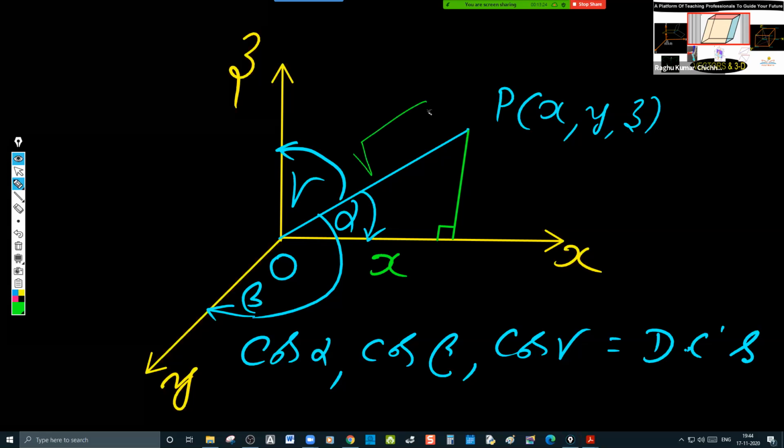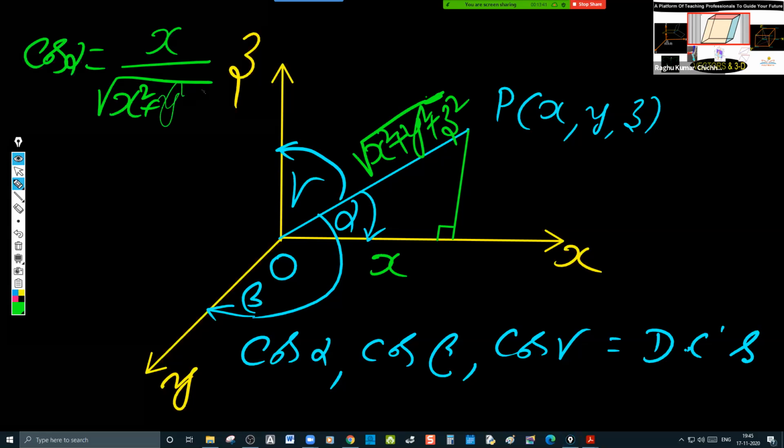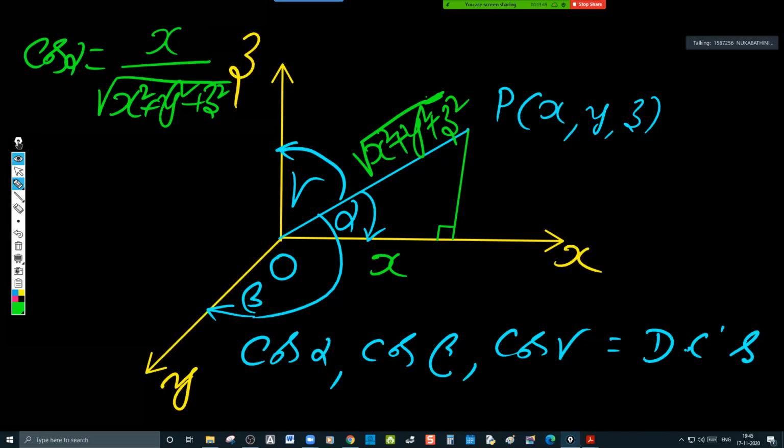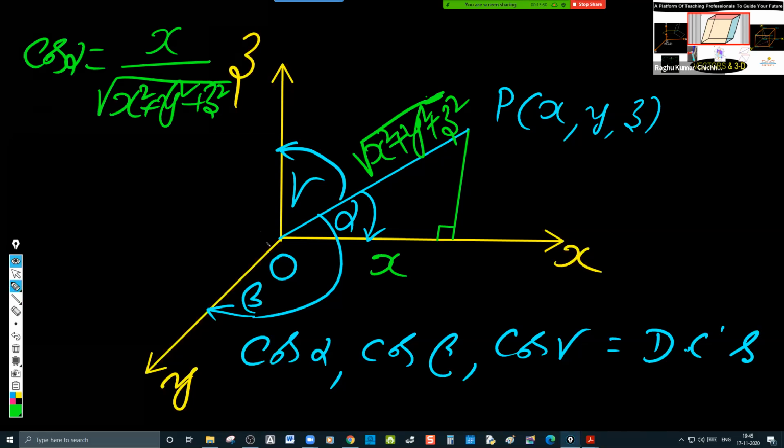Now, can any one of you tell me what is cos alpha? In the triangle OAP, cos alpha is adjacent by hypotenuse, x by root over x square plus y square plus z square.